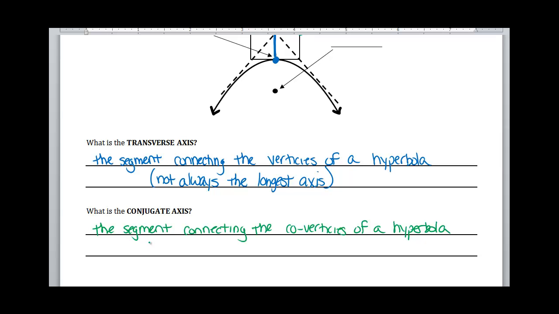It is important to note that the conjugate axis does not have to be the smallest axis. That also means that b squared does not have to be the smallest denominator.